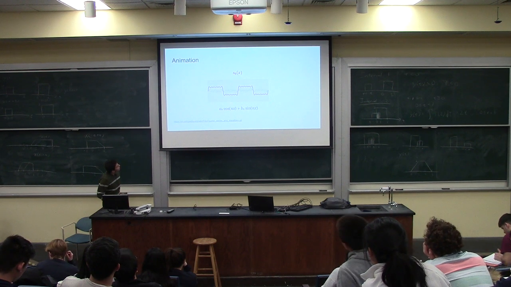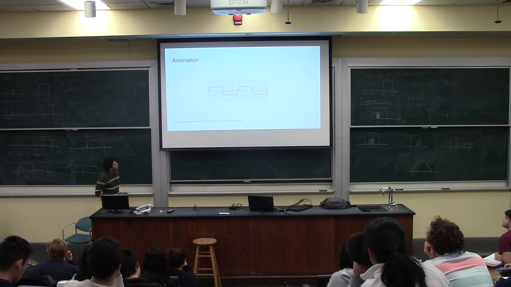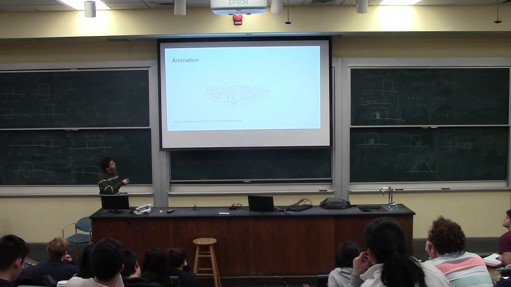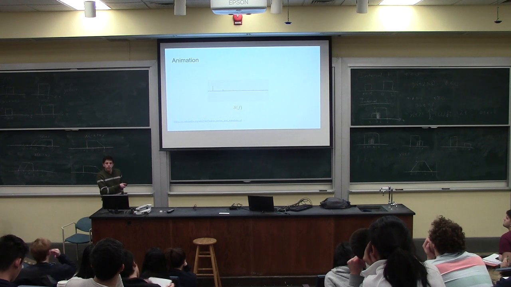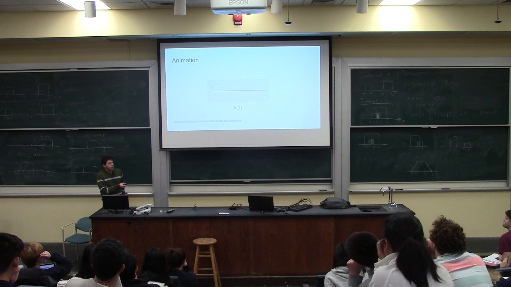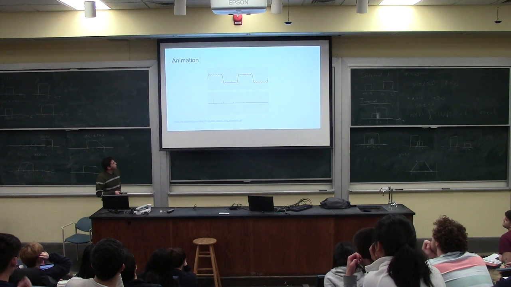And here's a nice little animation. Each of these is a different frequency, and these are your Fourier series coefficients. I could let it play through one more time if you want. We'll let it run through one more time.